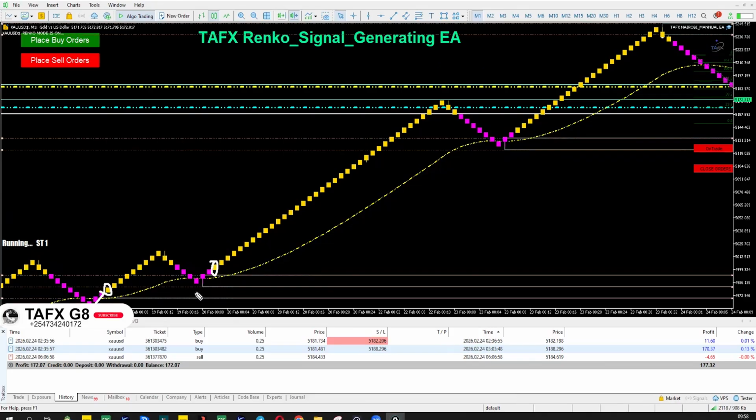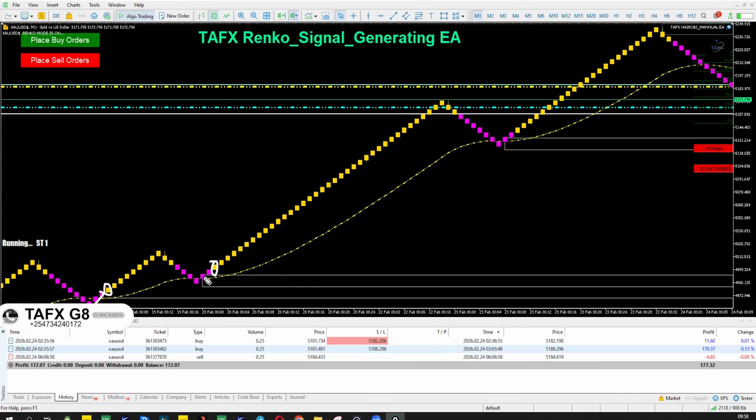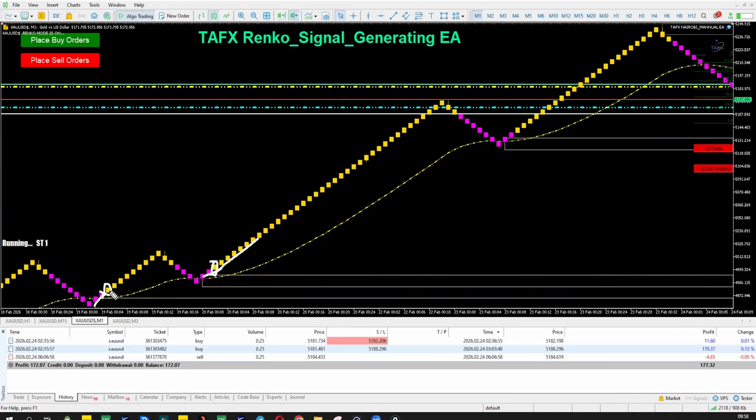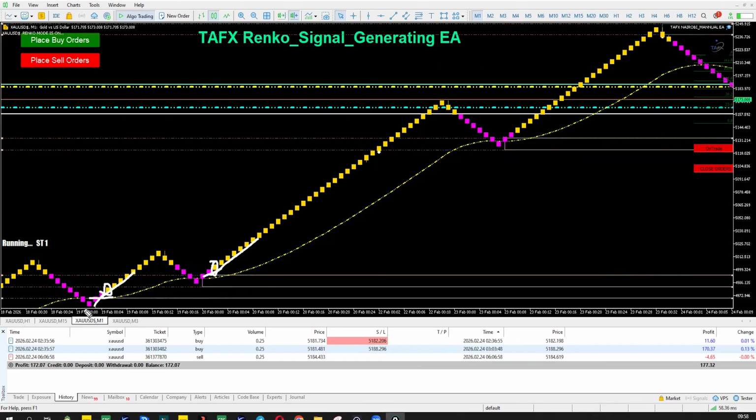So how will you identify that this brick closed above our moving average? We can take a buy signal because the brick has closed above this moving average.